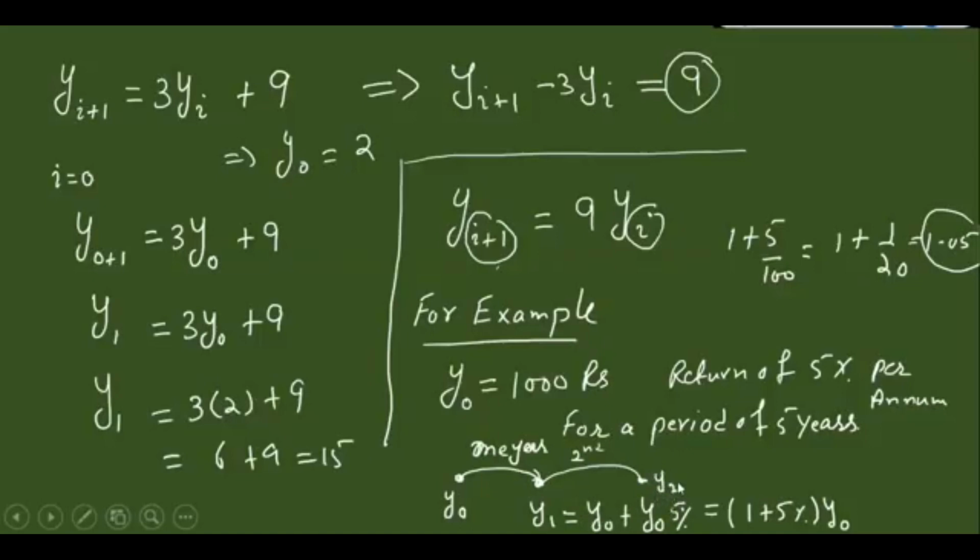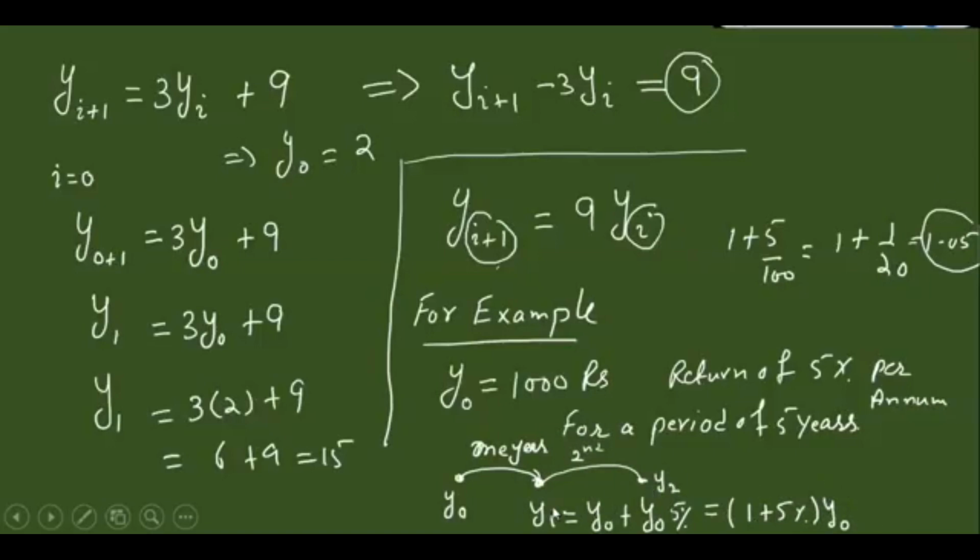But to compute y2, you do not need data from y0, although you can express it like that. You need data from the previous state, because whatever you get at y2 is purely dependent on the last year. In the last year you have an amount of 1.05 times y0, so you need to compute that quantity.